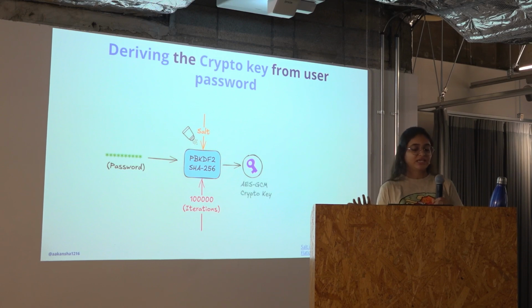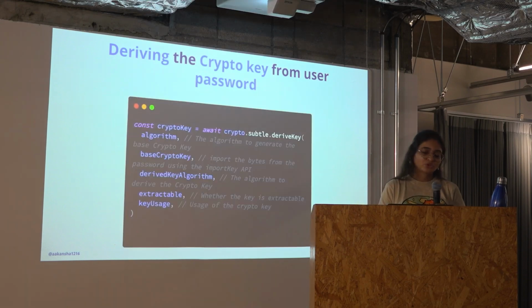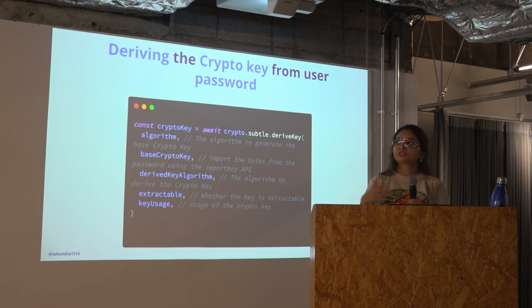And in this case, we are using AES-GCM for generating the cryptographic key. When it comes to the code, this entire thing can be taken care of by the deriveKey API, and it looks something like this. You need to pass the algorithm to generate the base crypto key, which is PBKDF2. You need to pass the base crypto key, which is generated from your user-generated password.